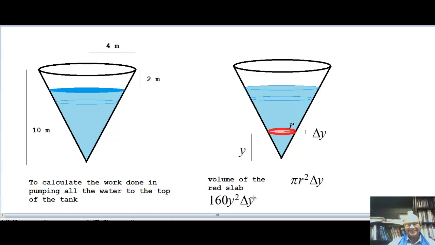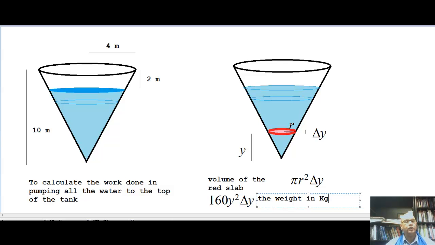No. Okay, so here, this is the weight in kilograms, right? Am I clear? Now what you're going to do now is that you are going to lift this whole thing through how much distance? 10 minus y.